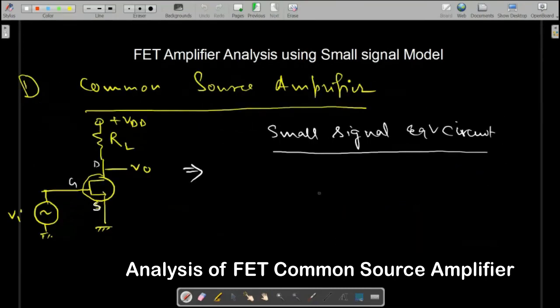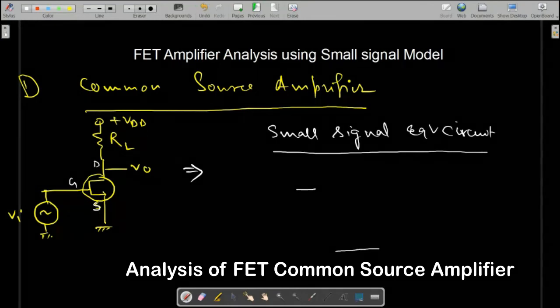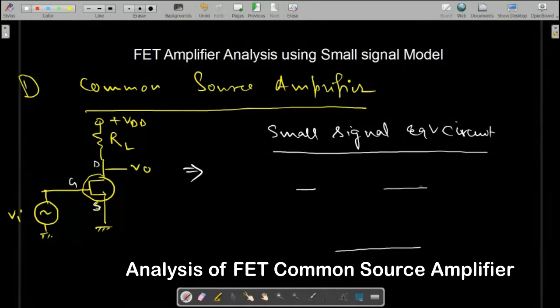That means here, first draw the model. Okay. So this is the gate terminal, this is the source terminal, and this is the drain terminal. And at the gate terminal, what are we applying? VI. And the source is grounded, so we can put ground here, and this one is also grounded. Fine.